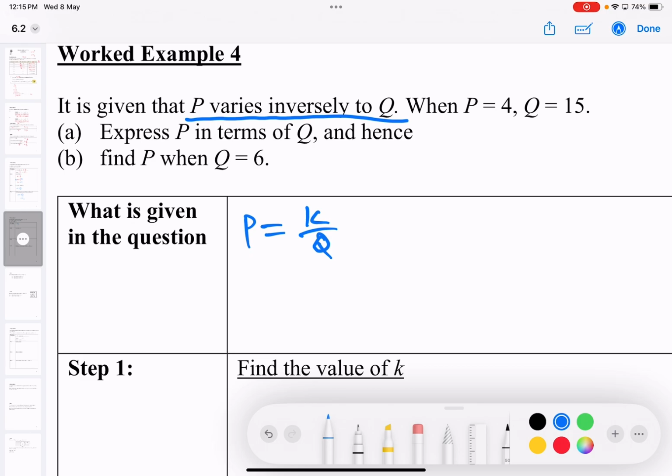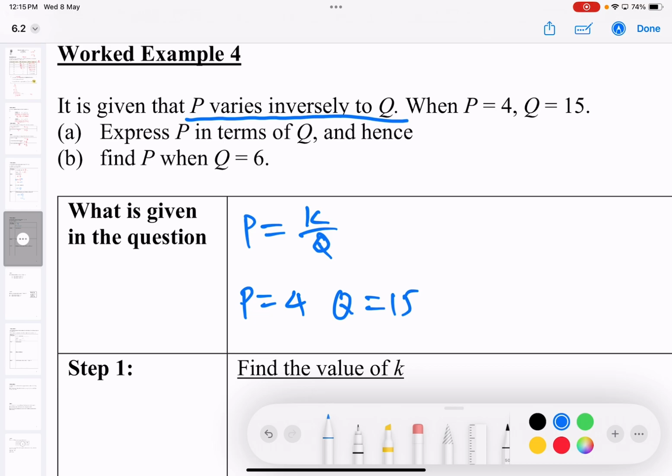Always write this down first. What other information is given in the question? They tell us that P and Q have a corresponding pair relationship, right? When P is equal to 4, Q is equal to 15. This is the next information that is given to us in the question.